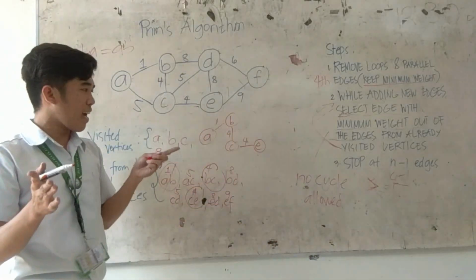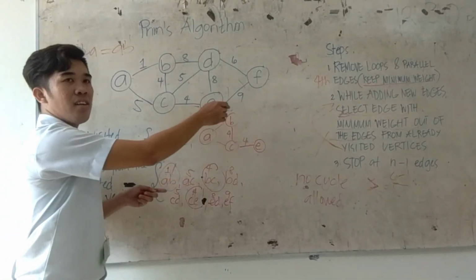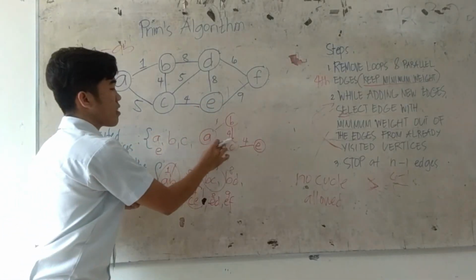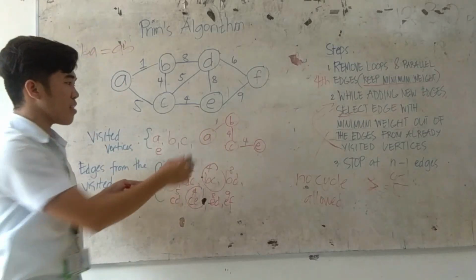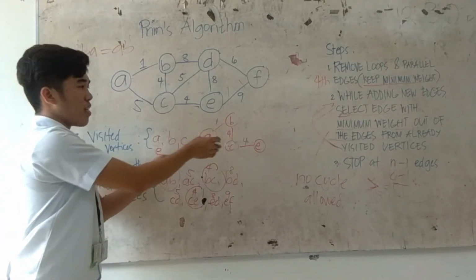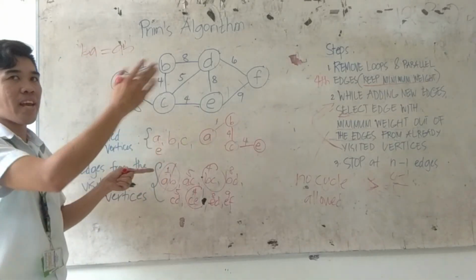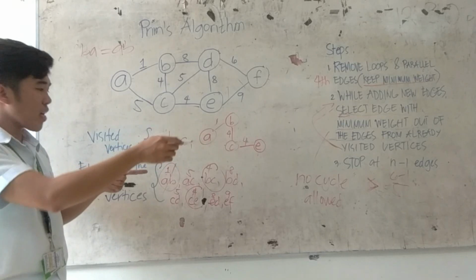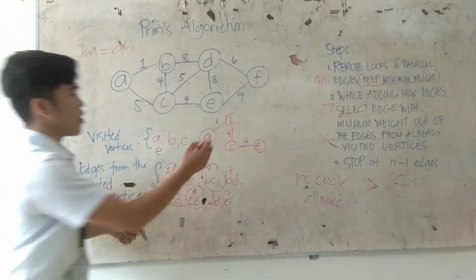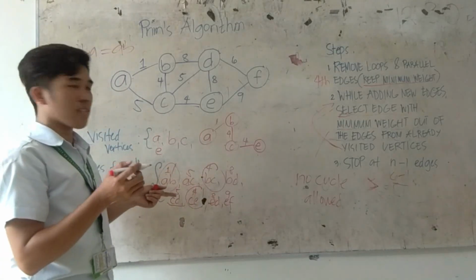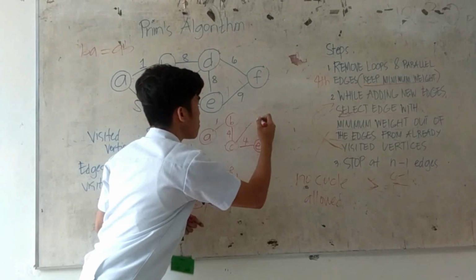If we choose AC, this already forms a cycle. So we cannot choose AC to put it in our spanning tree. Now let's jump to the next minimum weight, which is CD. So let's take CD because it doesn't form any cycle.